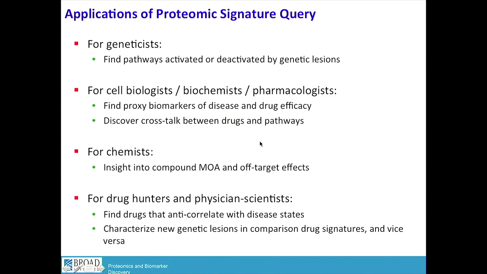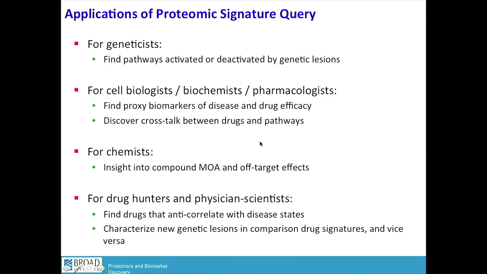If you're a chemist, you might be able to use a query mode to get some insight into the mechanism of action of a compound by comparing profiles of compounds that you don't know what they do to compounds that you do know what they do, the kind of guilt by association.